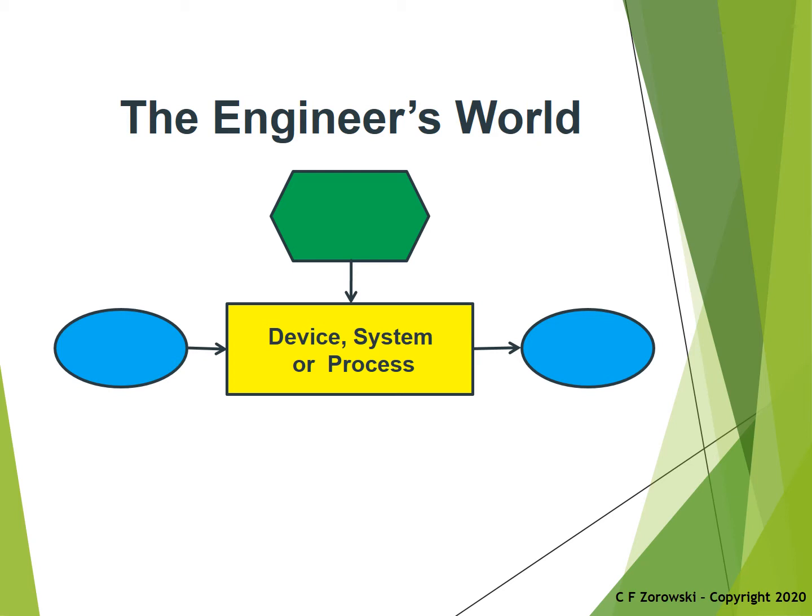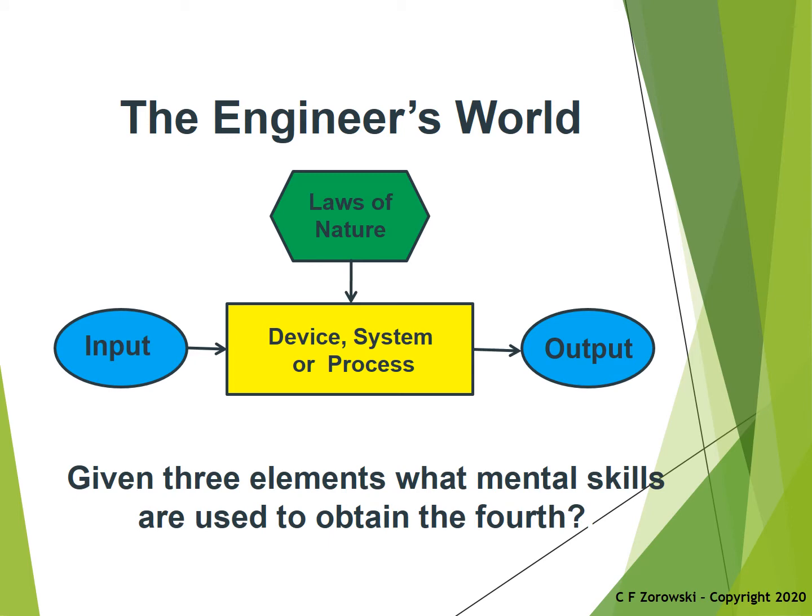These produce measurable outputs in response to specific inputs subject to the laws of nature. If 3 elements in this relationship are known, the 4th can be determined using different mental skills. The identification and function of these skills is determined by investigating all 4 possible combinations.